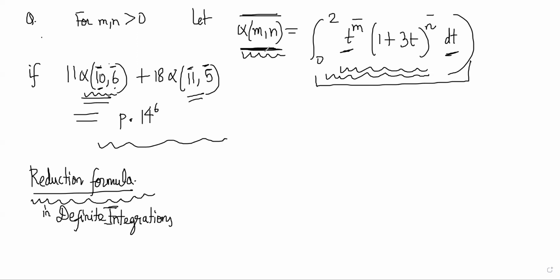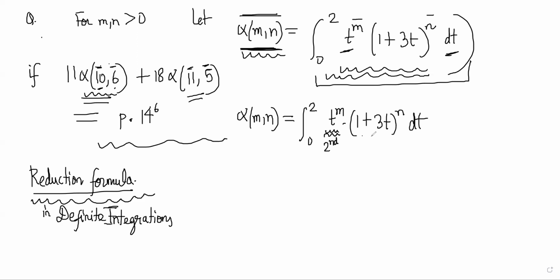Yes, sir. So what we will do is we will start with the general thing. So we'll say alpha m and n is integral 0 to 2 t power m (1 plus 3t) whole power n dt. I want to do integration by parts, and I will say that, okay, integrating this is very easy. So I'll take this as the second function and take this as the first function.